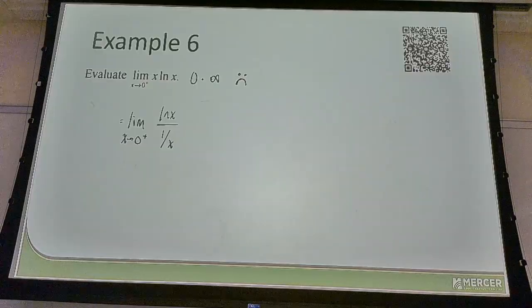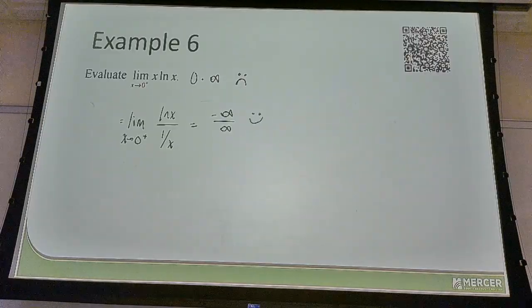What do you get now? Negative infinity over infinity, which behaves like infinity over infinity.